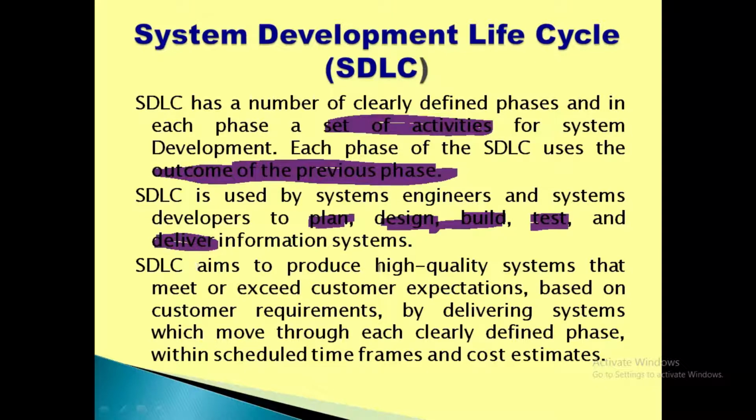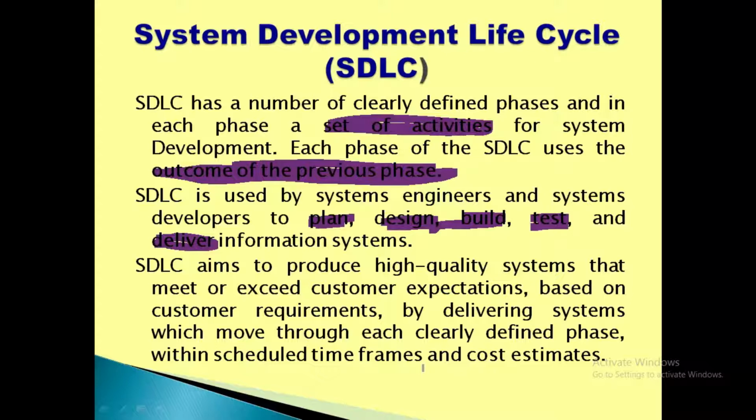SDLC aims to produce high quality systems that meet or exceed the customer expectations based on customer requirements by delivering systems which move through each clearly defined phase within scheduled time frames and cost estimates. You can see SDLC is looking forward to deliver the system for the customer, by the customer, keeping in mind all the customer requirements also.